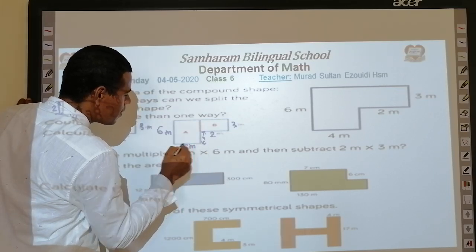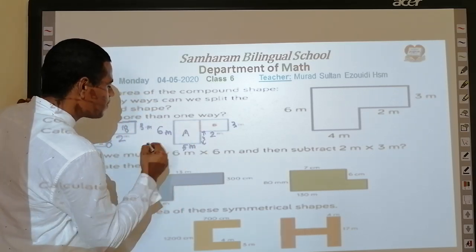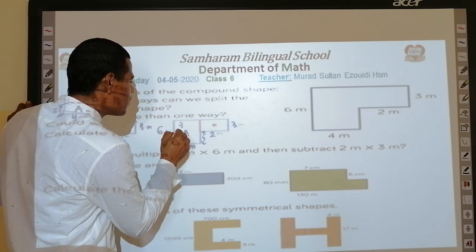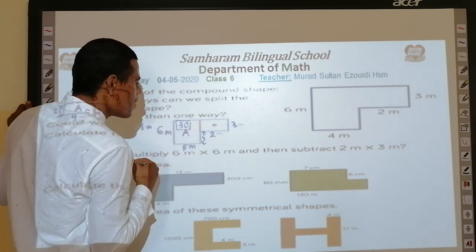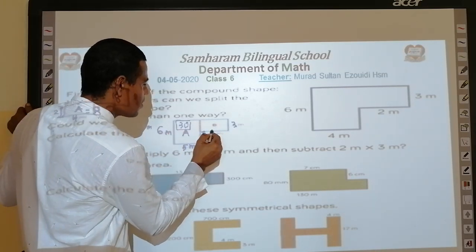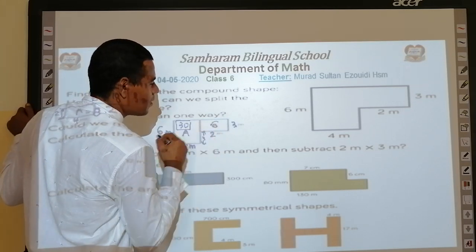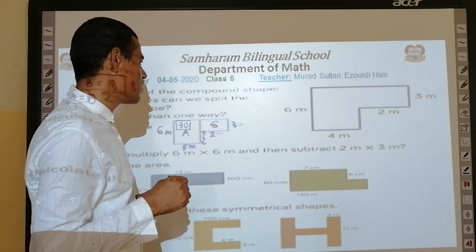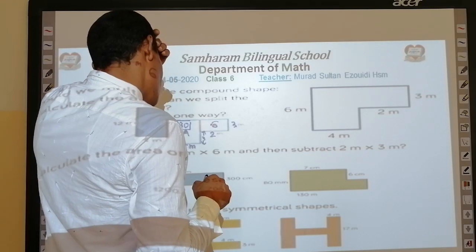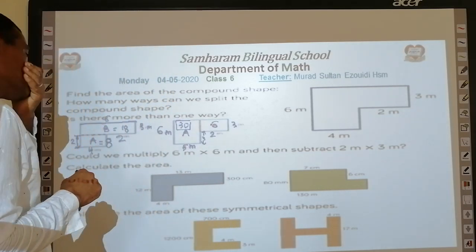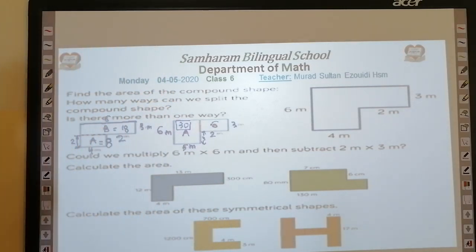The area of A now is 5 by 6, which is 30. Then the area of B is 2 by 3, which is 6. So we can add, let's say, okay, you can add what?